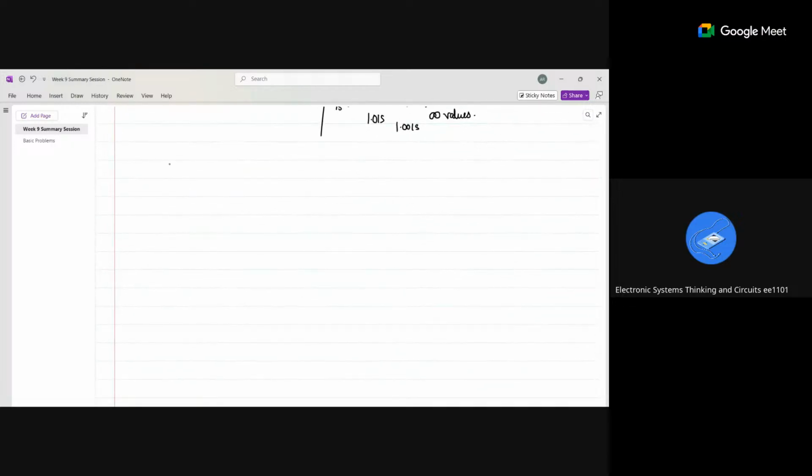Let me take a sine signal. It is with respect to t, the time axis, and v of t. This is an analog signal, right? What I'm going to do is break this time axis into certain samples.